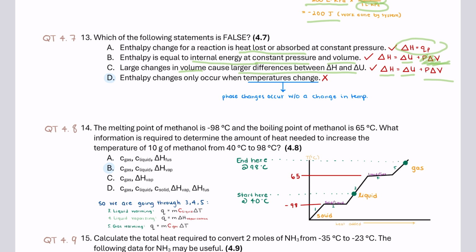Yet heat is still being absorbed, and that heat corresponds to a change in enthalpy, specifically the enthalpy of fusion for our example. So enthalpy can change even if temperature does not change. This makes option D false, and therefore the correct answer to this question.